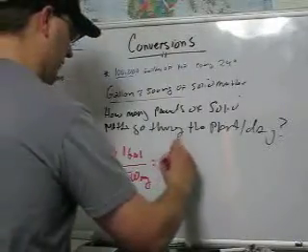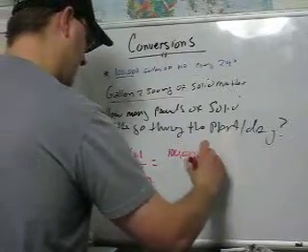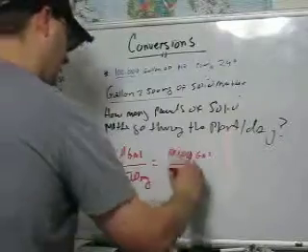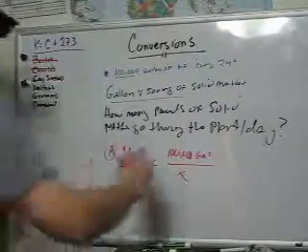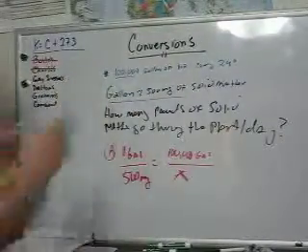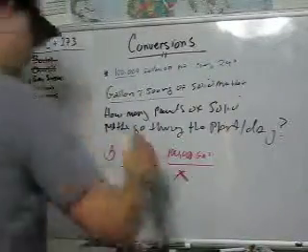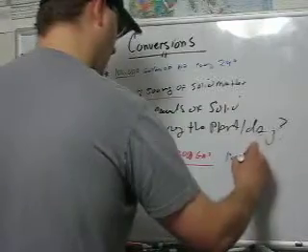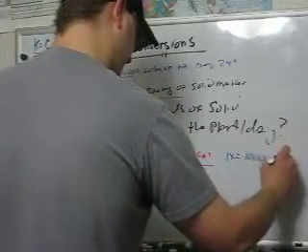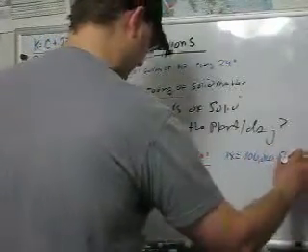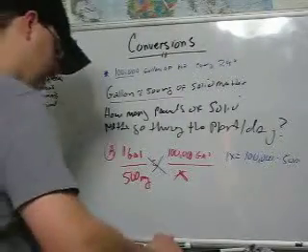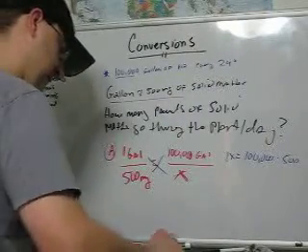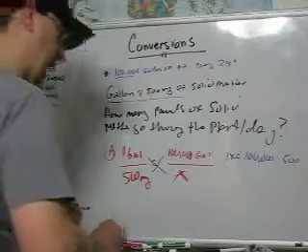Now I have 100,000 gallons, and I don't know how many milligrams. Again, this just becomes a very simple process of cross multiplication. 1x equals 100,000 times 500. If you're really good at math, you could do this in your head, but I would recommend using a calculator to double check.